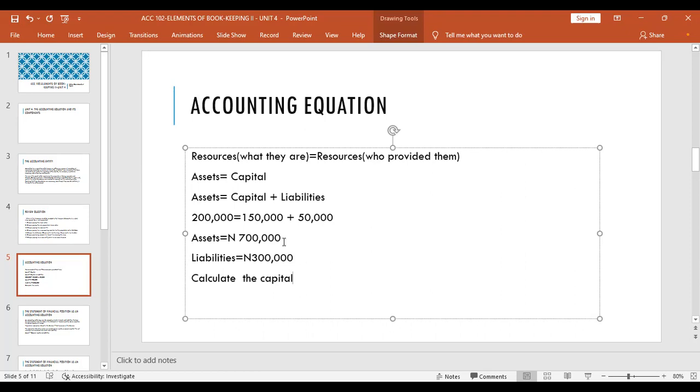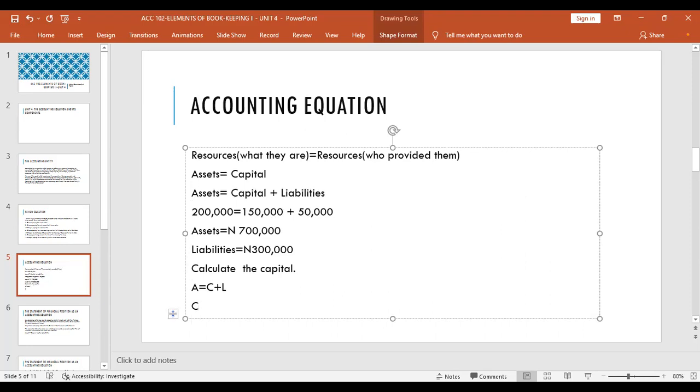This is very simple for us. Of course, you know that assets is equal to capital plus liability. So that means that capital is equal to, from our basic mathematics, assets minus liability.